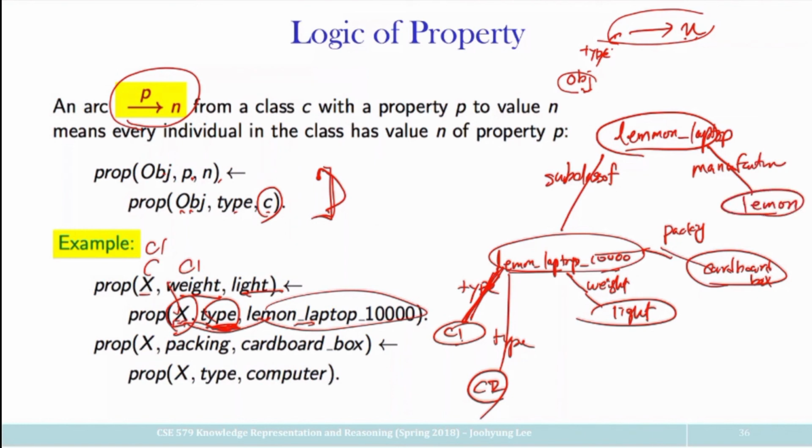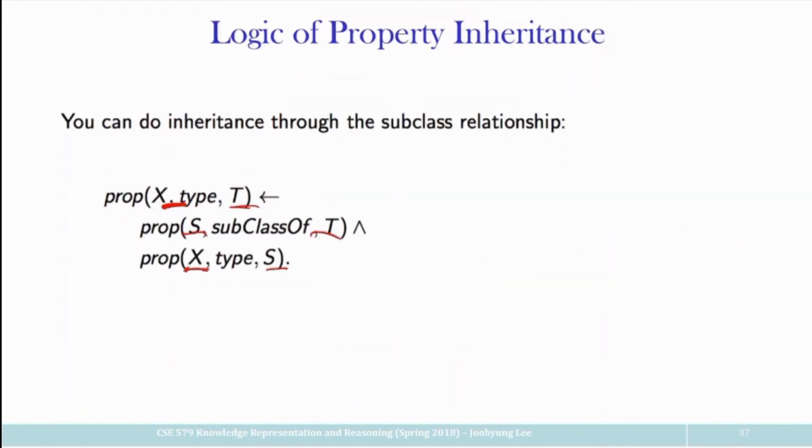Now you can see that with the rules we just saw, C1 is a type of Lemon Laptop 10,000. But now with this link, we also know that C1's manufacturer is Lemon, because this is a rule that guarantees it.